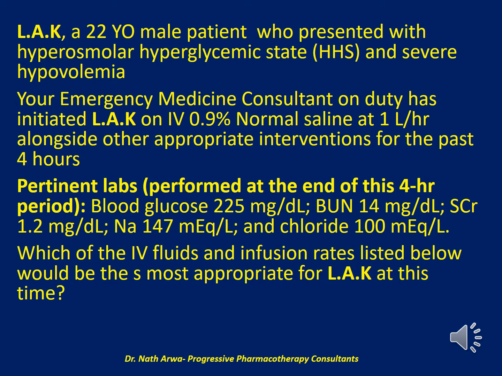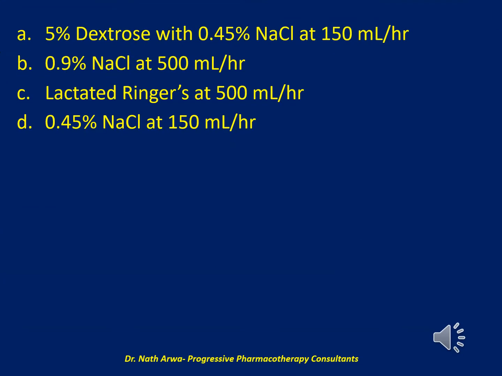So my question to you is, which of the IV fluids and infusion rates listed below would be the most appropriate for LAK at this time? Would it be A. 5% dextrose with 0.45% sodium chloride solution at 150 ml per hour?